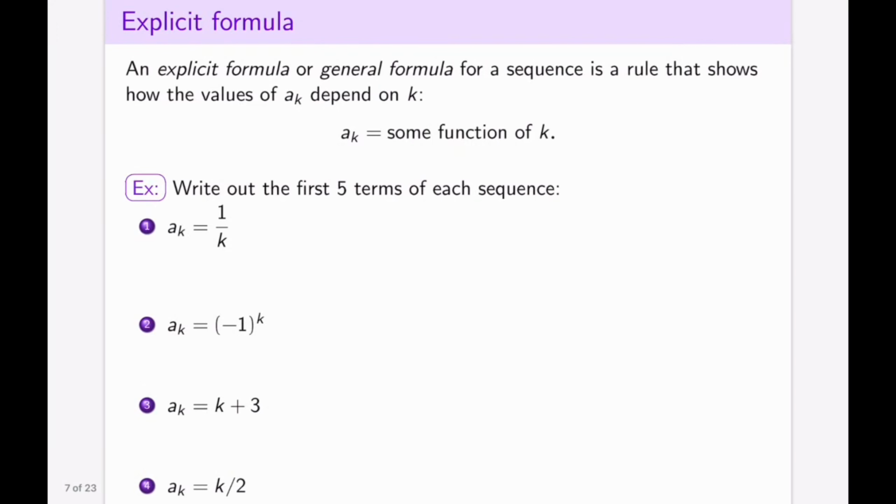What we're going to work with next is being able to write down explicit or general formulas for a sequence that basically show us what the pattern is. We would like to come up with a way to describe the kth term in the sequence, so the kth number, as some function of that position k. Before we go in one of the directions, let's discuss the simplest one. So if I give you a formula, how can we understand that?